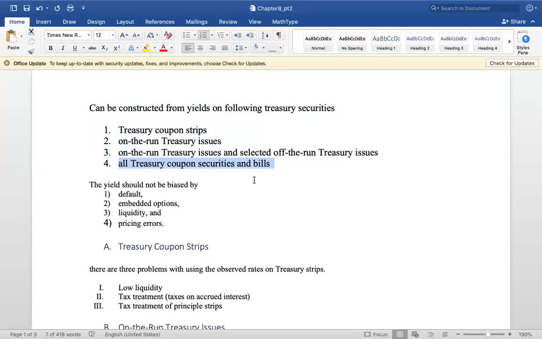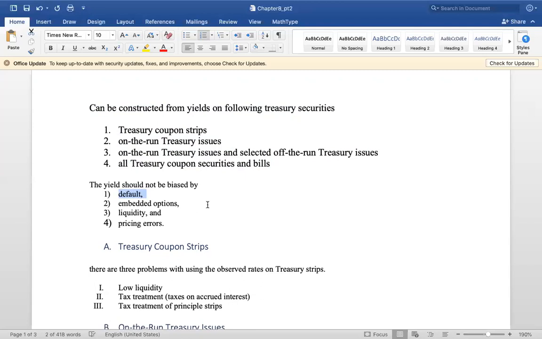When we calculate the treasury curve, our focus is selecting the universe of securities used to construct a default free spot rate curve. And we want to make sure that the treasury yields are not biased by default risk, embedded options, liquidity, or pricing errors.